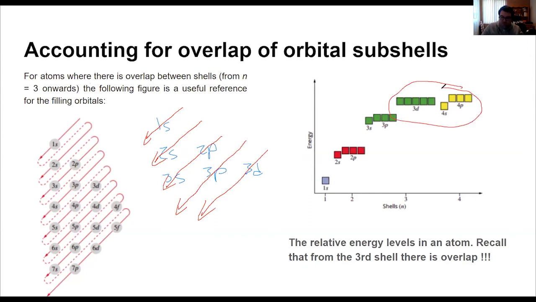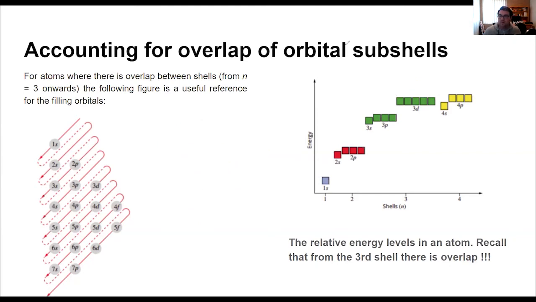The 3 and 4 start to overlap each other, and likewise 4 and 5 overlap each other, and 5 and 6 overlap each other, as there is more room around the nucleus and more possible arrangements of electrons. So this is a helpful diagram to have. Now I'm just going to clear that off.